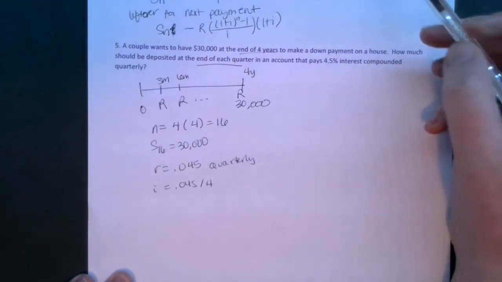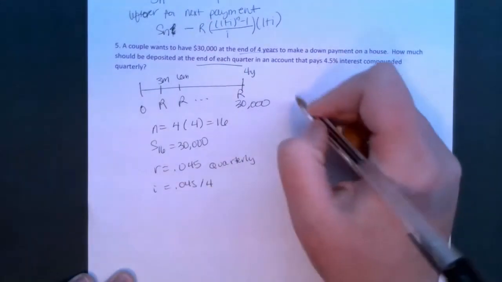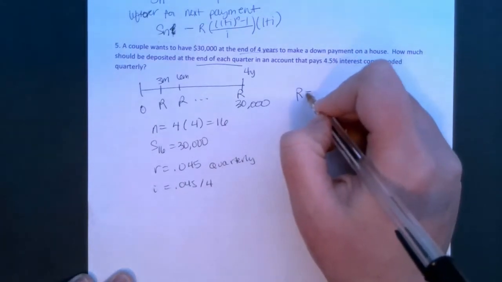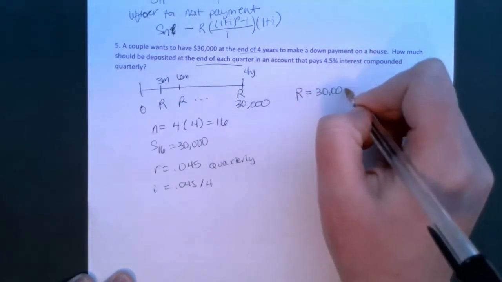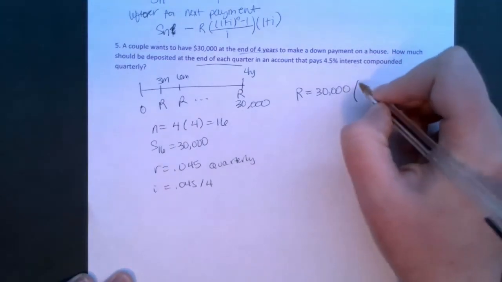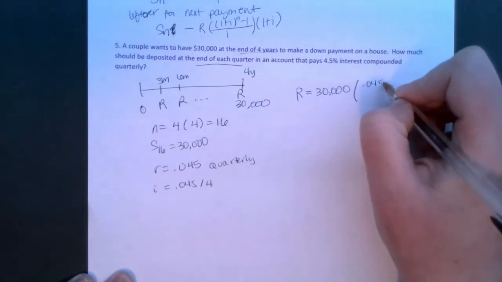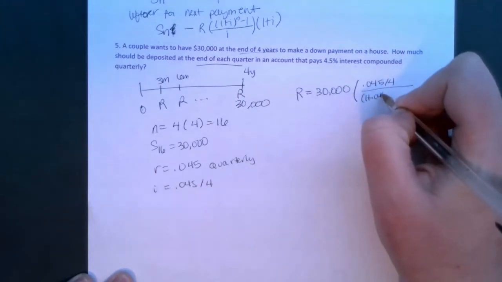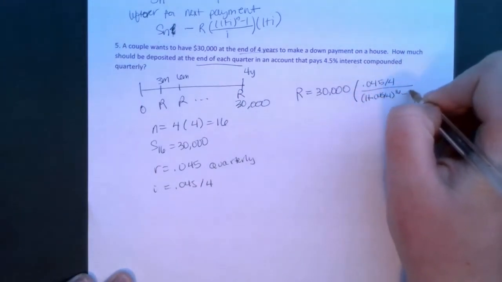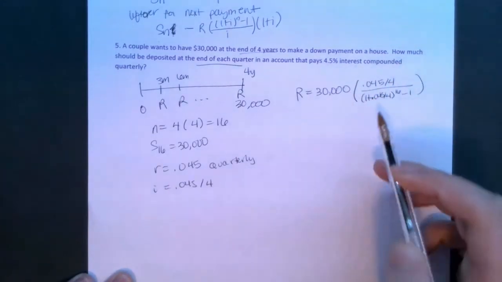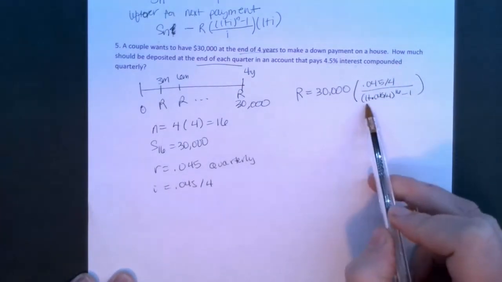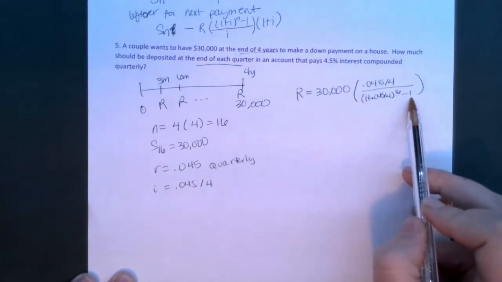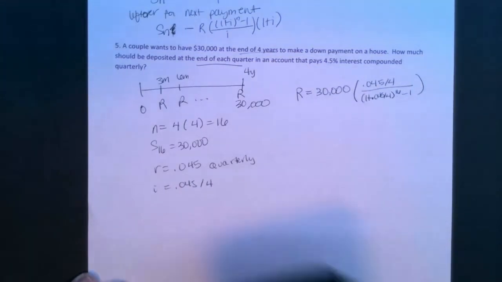So now we're just going to use our formulas from up here. I'm just going to go straight to the R formula because it's just a little quicker. You can do either way. You could totally do the coefficient method if you wanted to. Okay, so again, this is S sub n, so our denominator is going to be the 1 plus i to the positive n, and then minus 1 because we're moving everything down.